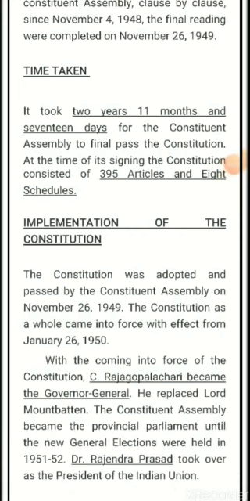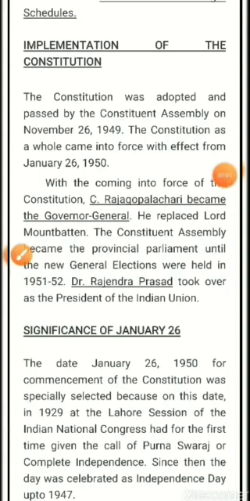Implementation of the Constitution. The Constitution was adopted and passed by the Constituent Assembly on November 26, 1949. The Constitution as a whole came into force with effect from January 26, 1950. With the coming into force of the Constitution, C. Rajagopalachari became the Governor General of Free India.